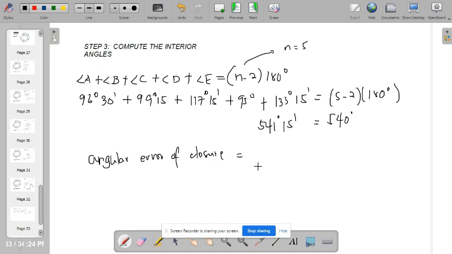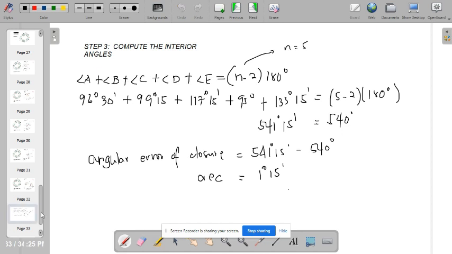So the angular error of closure here should be the difference between your computed interior angles less the supposed to be interior angles of that polygon. So this is 540. So the AEC, or what you call the angular error of closure, is 1 degree and 15 minutes. Now, this is your step 3.